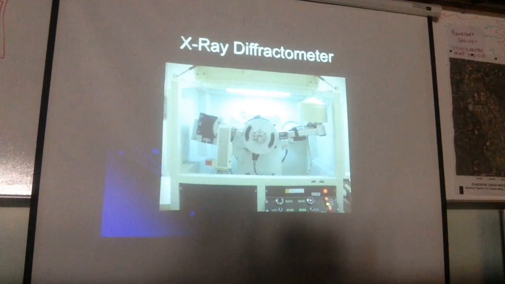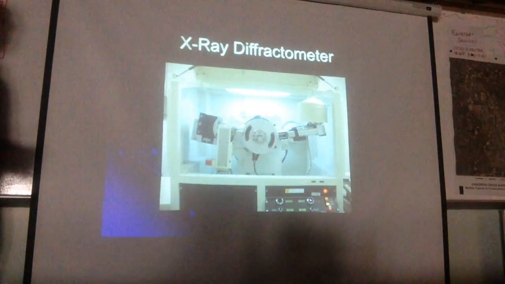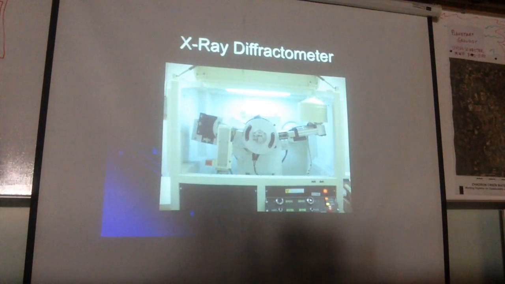Depending upon the type of sample holder that you use, it's important that you don't pack down the sample, because then, like I said before, you'll get the orientation of the minerals basically all oriented in the same fashion, and you don't want that.